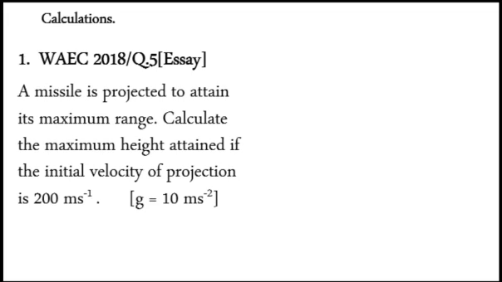Number 1, coming from WAEC 2018 question 5: a missile is projected to attain its maximum range. Calculate the maximum height attained if the initial velocity of projection is 200 meters per second and g is taken to be 10 meters per second square. So for maximum range, theta equals 45 degrees. Don't forget that.